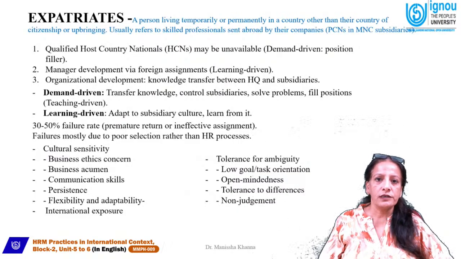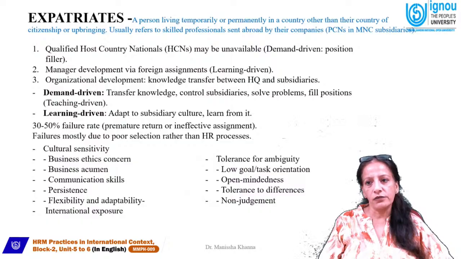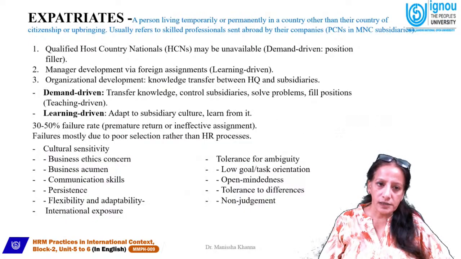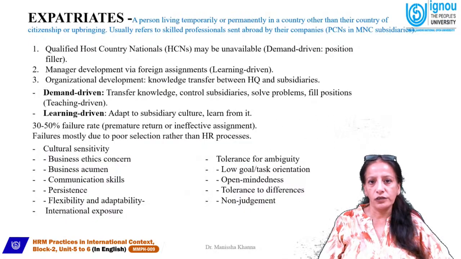There are two ways: either they hire someone from India, that is, from the host country, or the HCNs may be unavailable. That is why expats are selected and sent to India to take care of the India office. This is how it works.